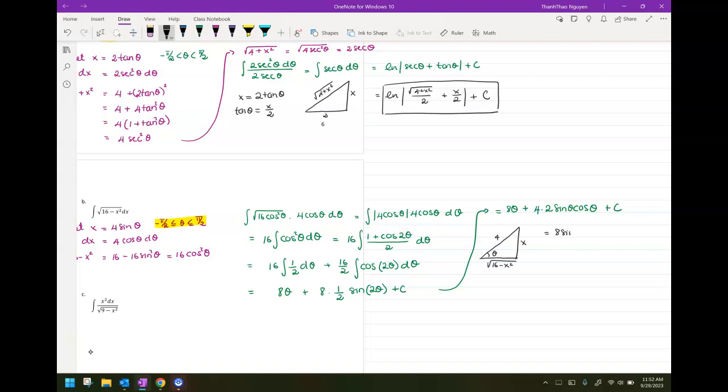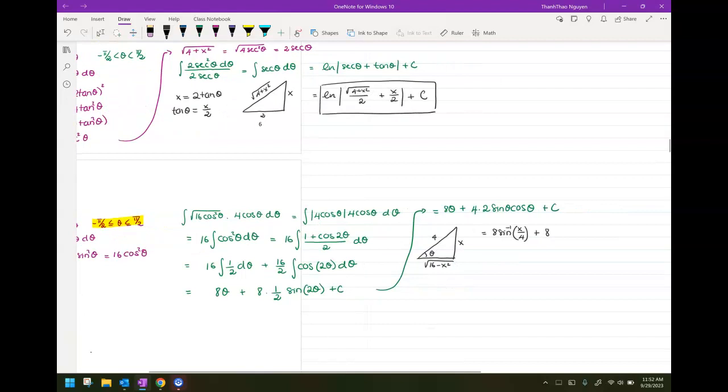So 8 sine inverse of x over 4 plus 8 times x over 4, since sine theta is x over 4, and cosine theta is the square root of 16 minus x squared over 4, plus c. Simplify this: 8 sine inverse of x over 4 plus x times the square root of 16 minus x squared divided by 2 plus c.